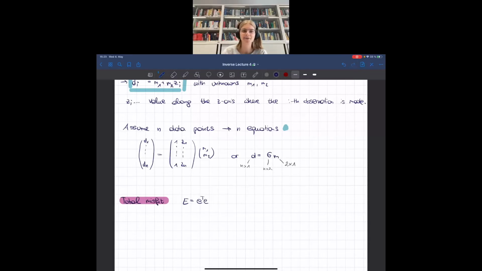This is why I recapped the L2 norm a few seconds ago. This is then defined as the sum over i from 1 to n of (d_i observed minus d_i predicted) squared.